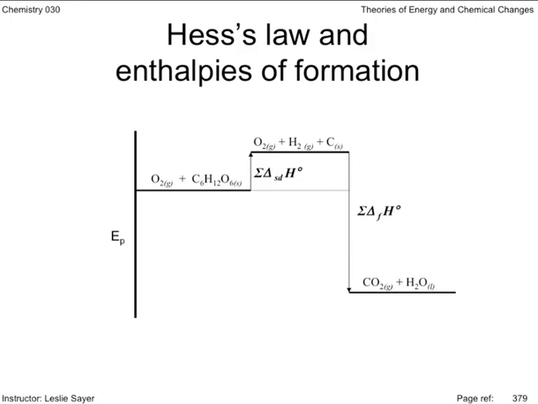Looking at the second step first, the amount of energy released from the change in enthalpy of the formation of carbon dioxide and water is shown as sigma, which means the sum of, delta H formation, that is, the sum of all the enthalpy changes as elements form compounds. The first step is actually the sum of all the enthalpy changes as compounds decompose into elements.